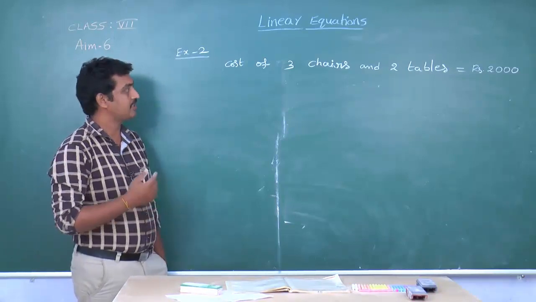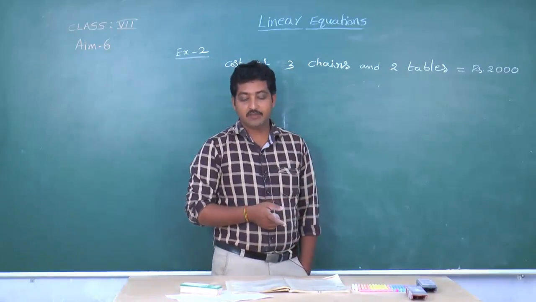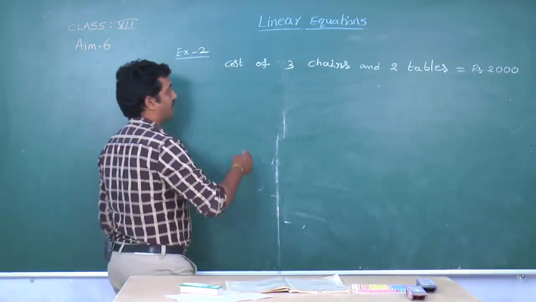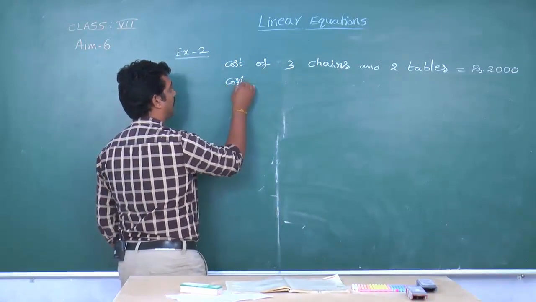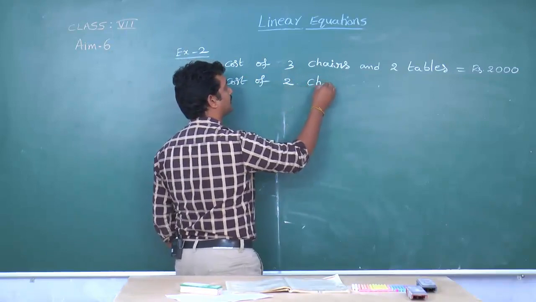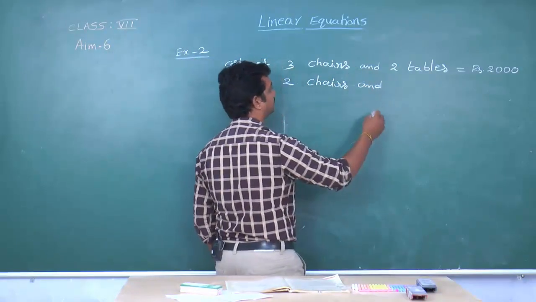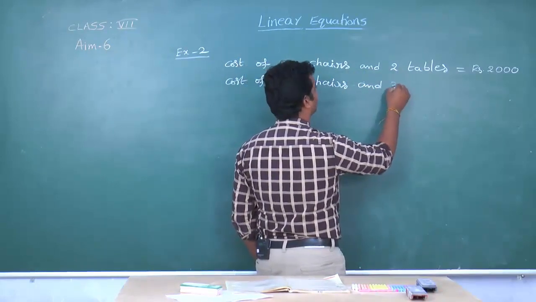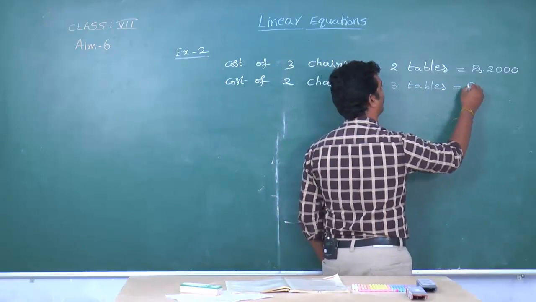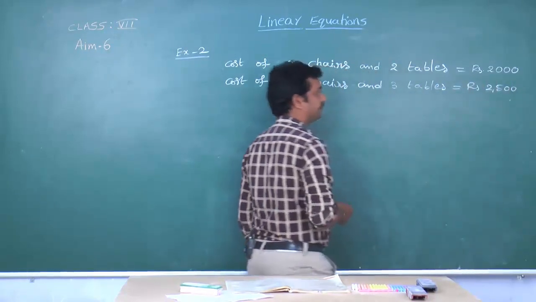And one more relation is also there: 3 tables and 2 chairs together cost 2500 rupees. Cost of 2 chairs and 3 tables is equal to rupees 2500.